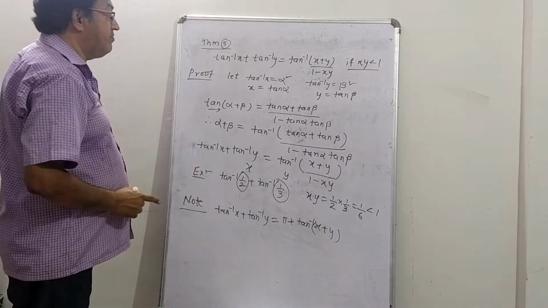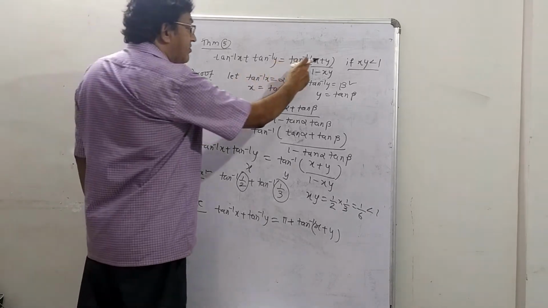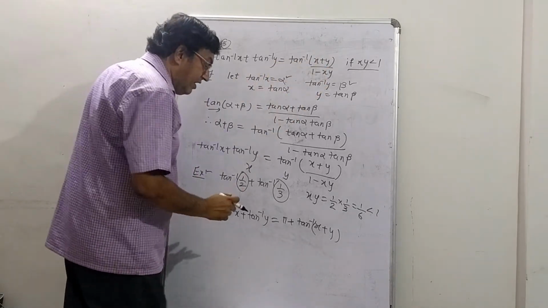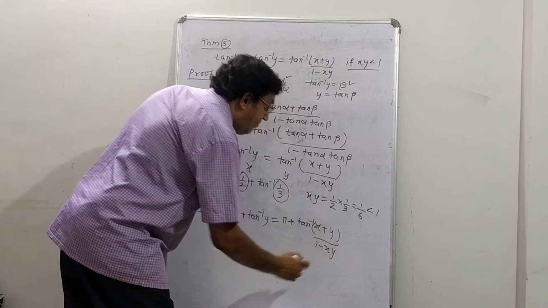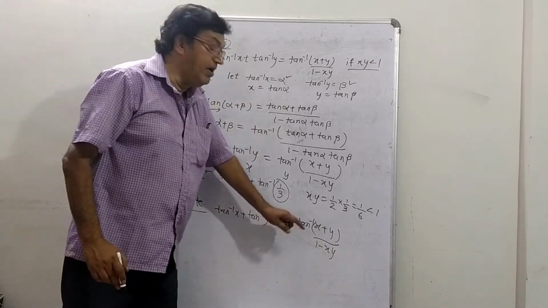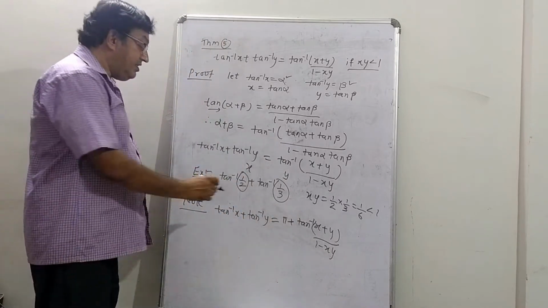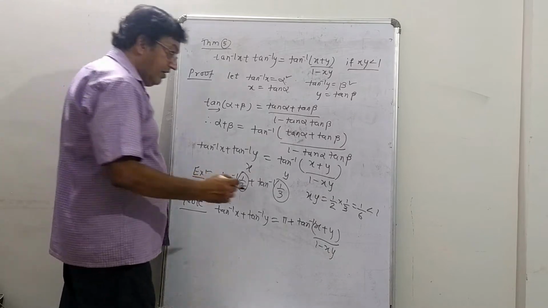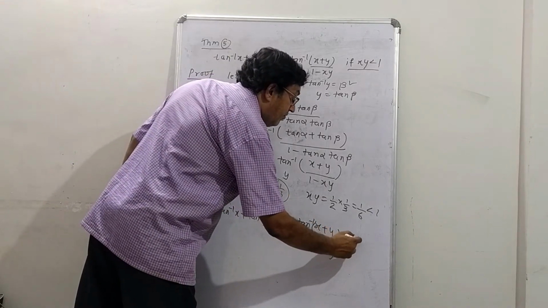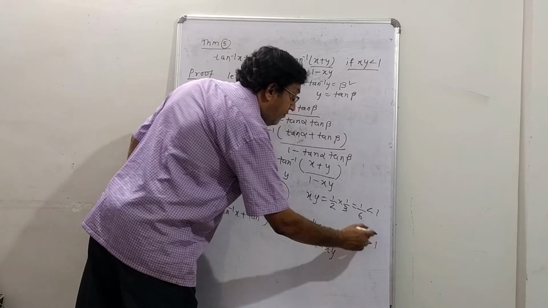It is the same, tan inverse of x plus tan inverse of y is tan inverse of x plus y upon 1 minus xy, so here also x plus y upon 1 minus x into y. But here I have taken pi plus. So this note you can use whenever x into y is greater than 1.